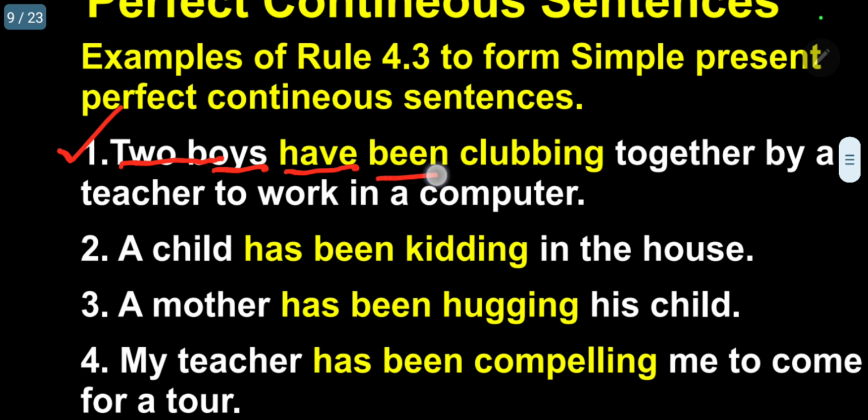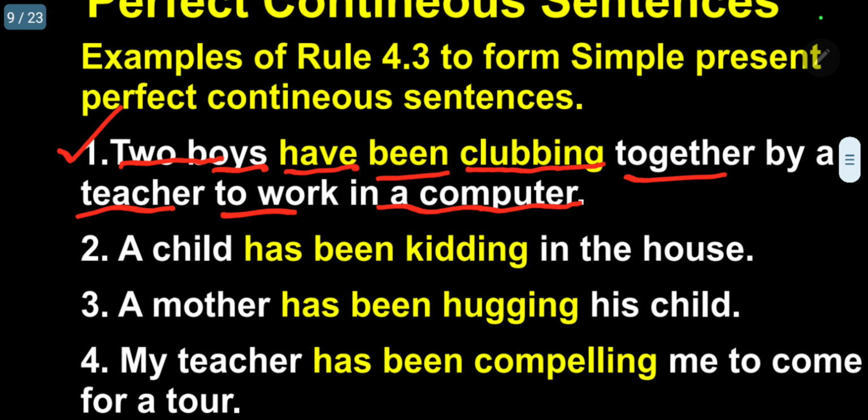Have been clubbing, see, double B. Two boys have been clubbing together by a teacher to work on a computer. The teacher is grouping the 2 students into a group to work on one computer. Have been clubbing, that is the meaning.